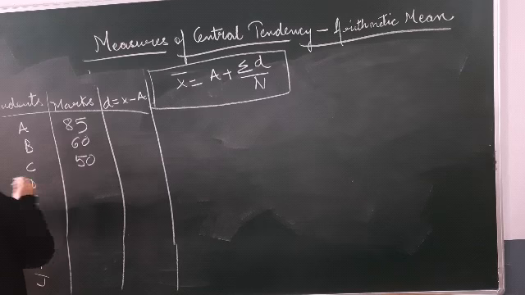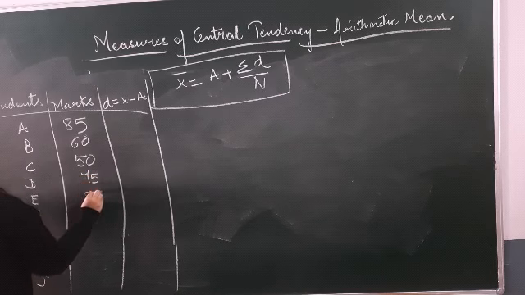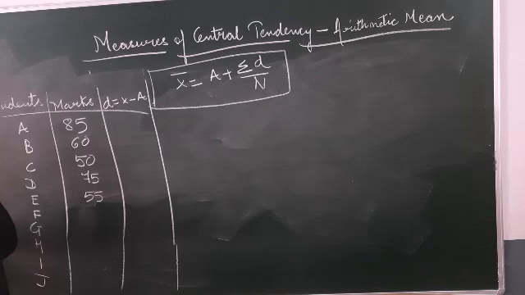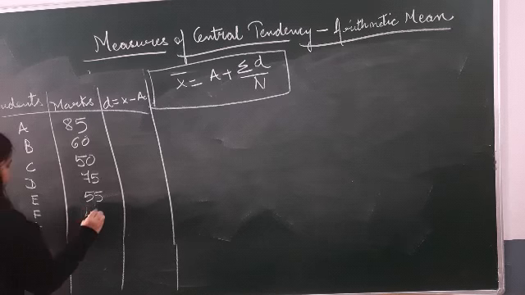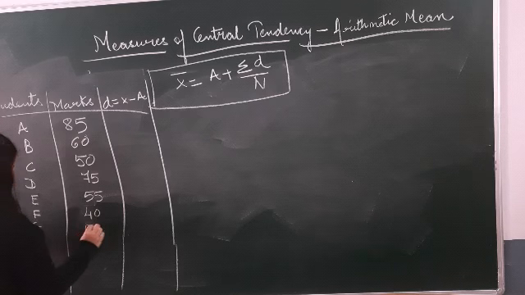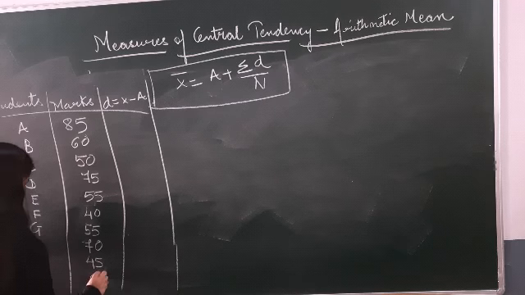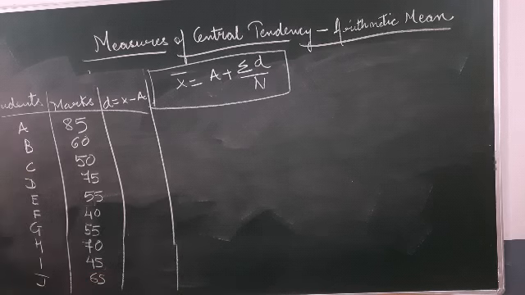Then 85. Then 55. Then 40. Again 55. Then 70. 45. And the last one 65. So these are the marks of 10 students.